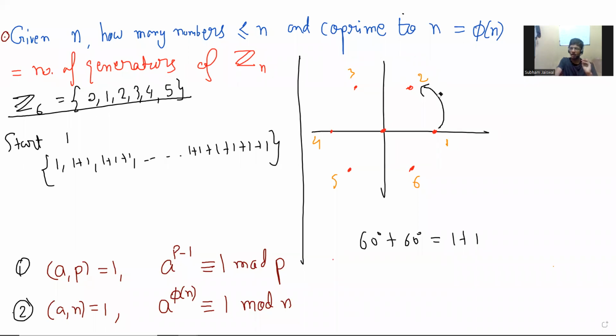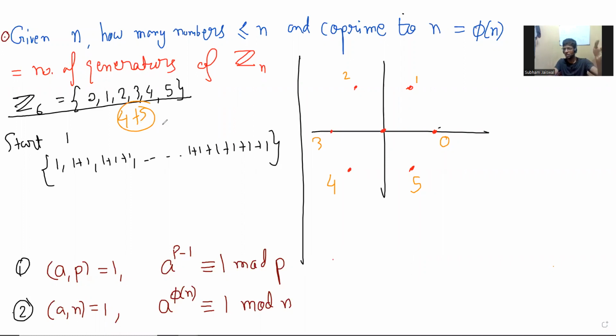But I can make it slightly easier to explain. I can just relabel these from 0. That's better, right? Now you can see that they are the same things. If you take 4 plus 5, what does this mean?